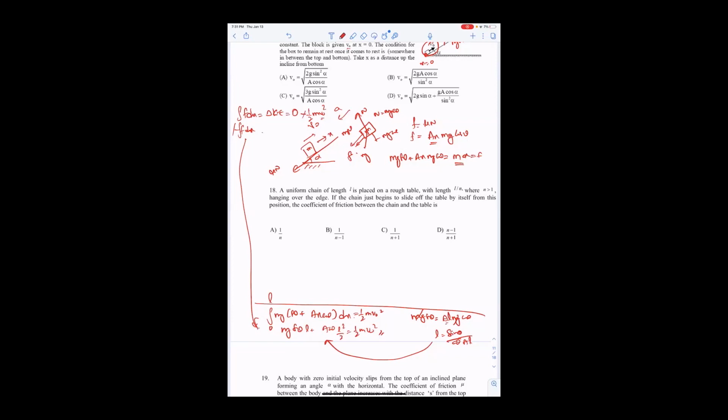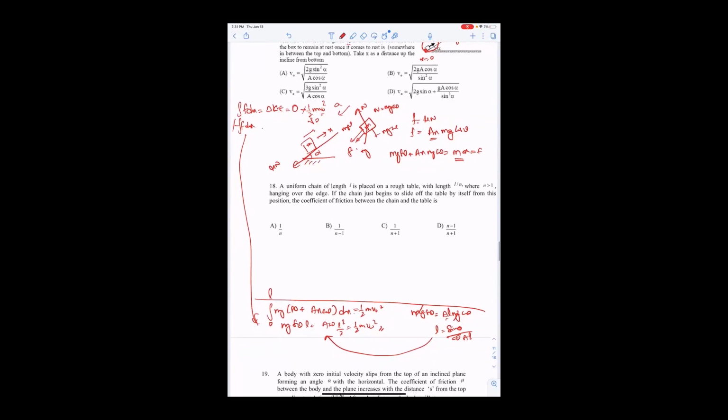It's asking v square now. So numerator may cos, and here L square, sorry, sin square by cos square. M gets cancelled. 2 comes here. 2g sin alpha.